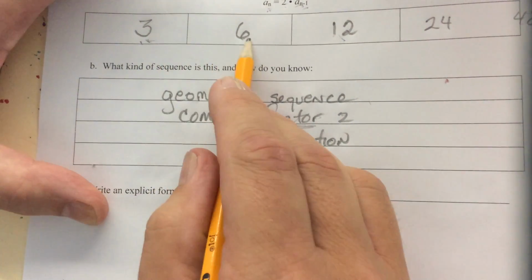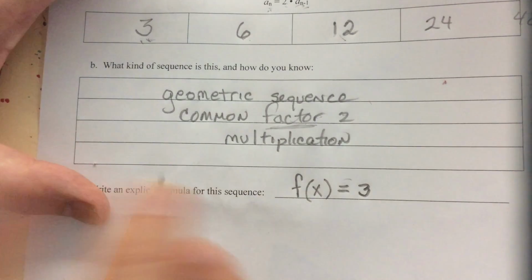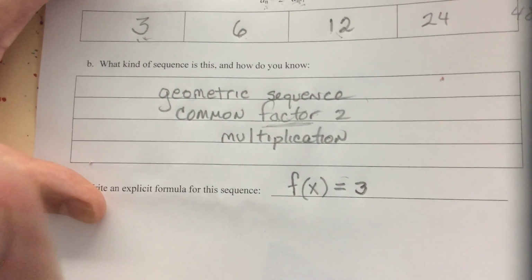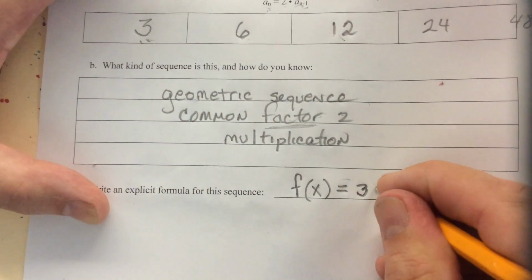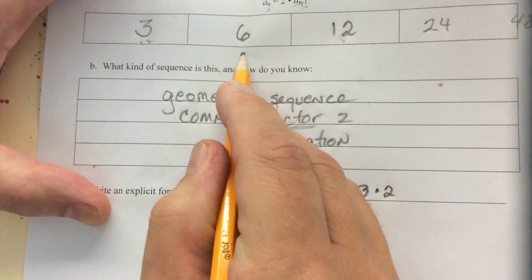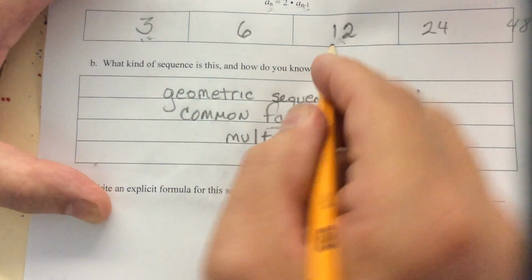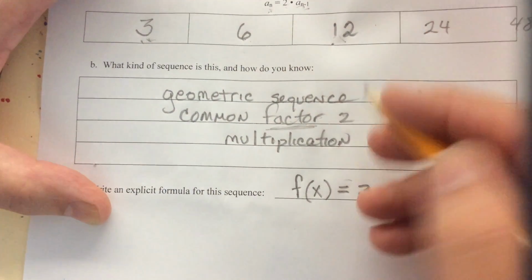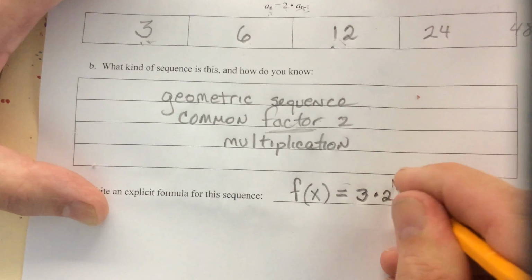Then the next time it's equal to 6, so when it's 2, rather the second term, I'm going to be multiplying by 2. So I didn't multiply the first time. I did multiply once the second time. I'm going to multiply twice for the third time.